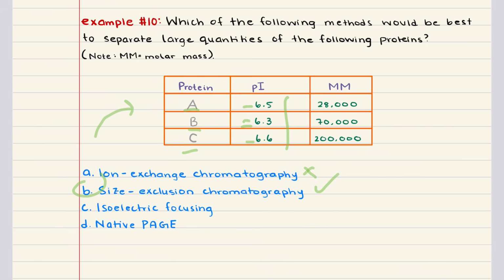Now, while this does separate based on size and charge, it's better suited for analytical purposes and not for large scale separation. Also, it's less precise for preparative purification. So the best method to separate large amounts of proteins that differ mainly in molecular weight is going to be size exclusion chromatography. So 10 is B.